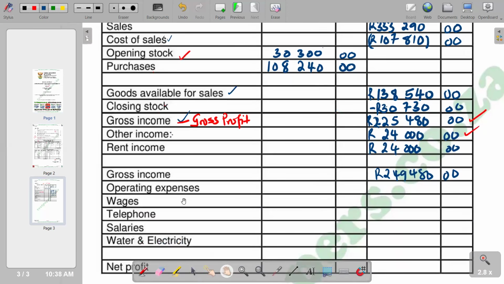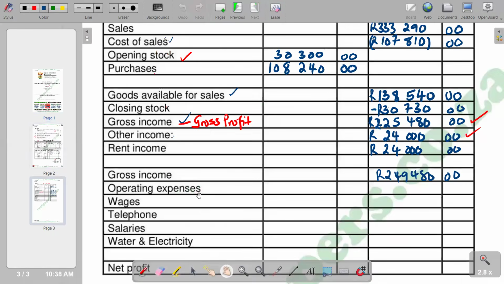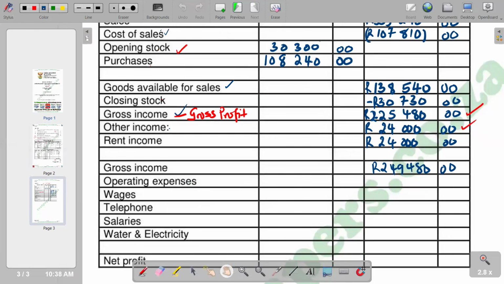So in terms of our operating expenses, we have wages, telephone, salaries, and water and electricity. So we start with wages. We check what's the amount for wages that we have. We have got 10,000. So of course, all expenses come on the debit side. So we are saying 10,000.